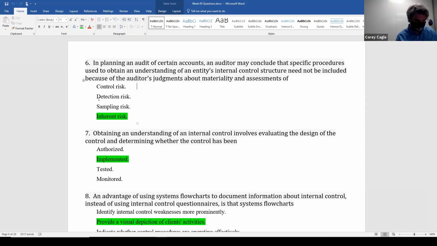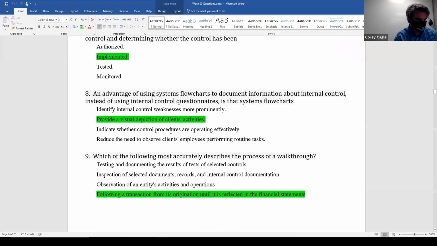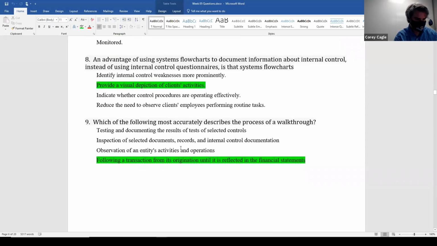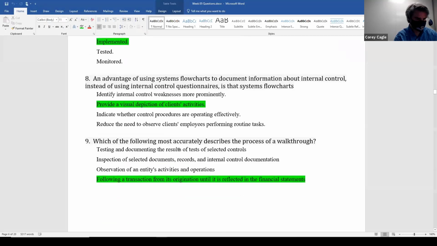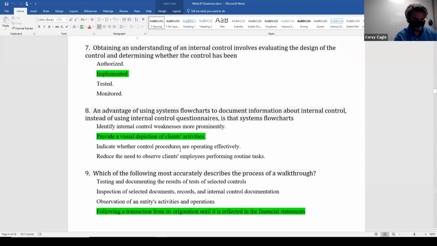So it's a tougher question, but it's doable after you pick it apart a little bit. There's a definition of walkthrough. All right, good enough on this.